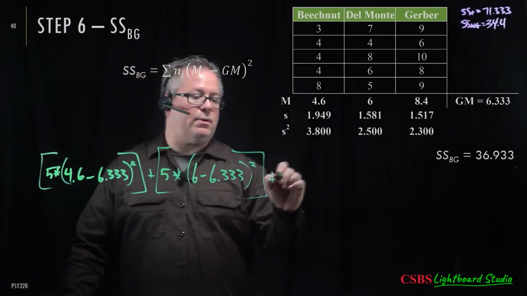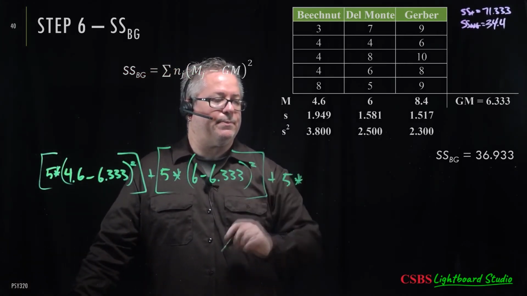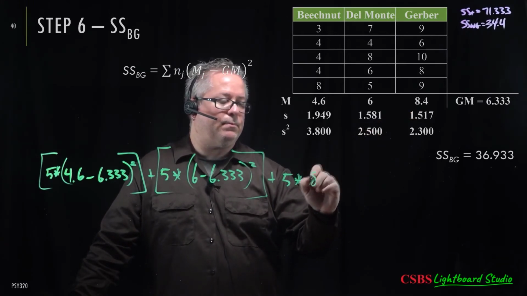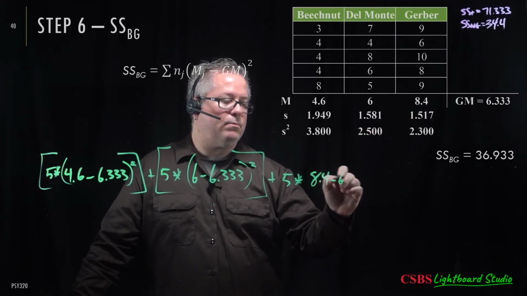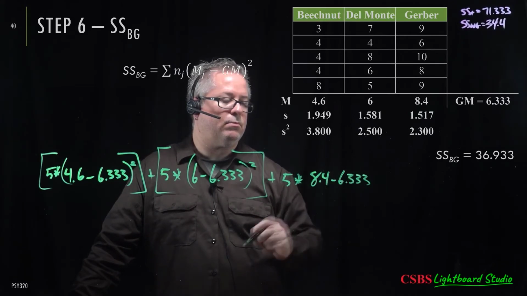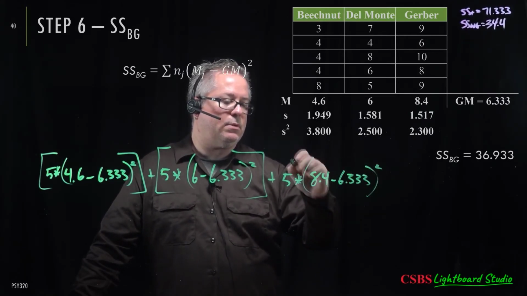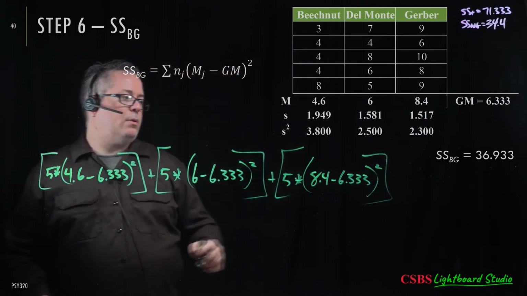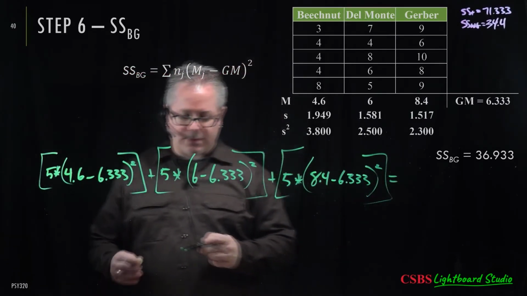I'm going to add then 5 times the last one, 8.4. Square that. That's it. Let's see what I get.